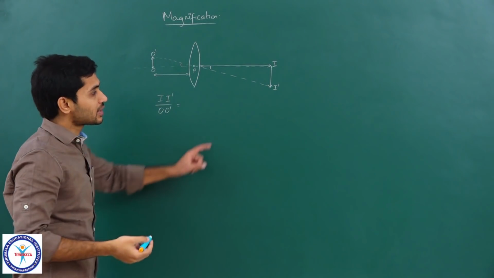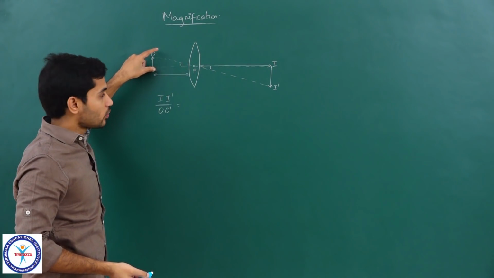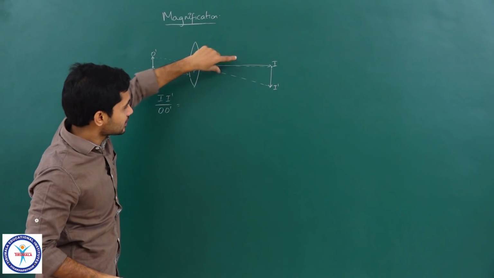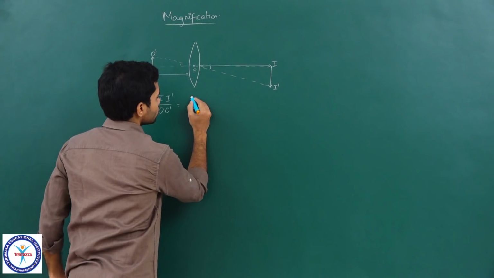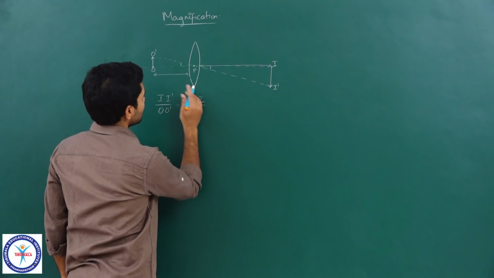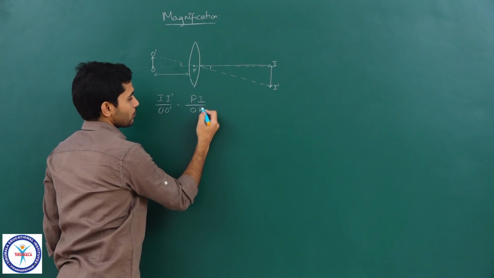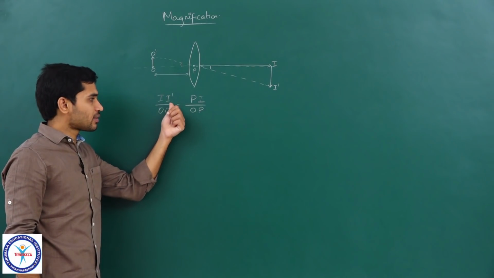So because they are similar triangles, I can say this length by this length will be equal to this base length by this base length, correct, which means this should be equal to PI by OP, correct. So now if you see here, once again all these are magnitudes.